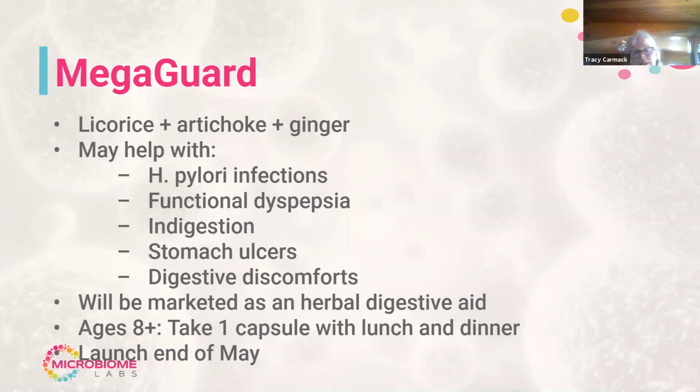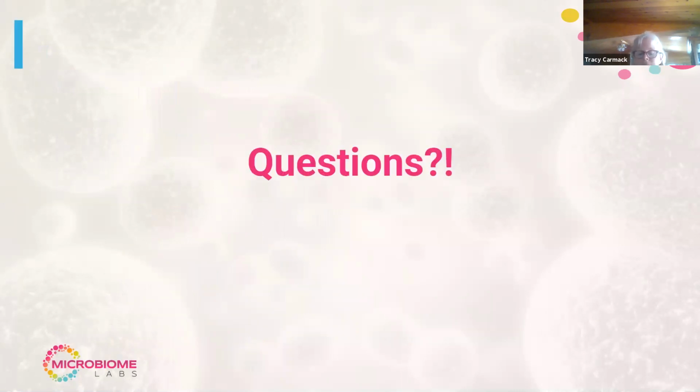It will be marketed, well, it is being marketed as an herbal digestive aid, and it's to be taken 1 capsule with lunch and 1 with dinner. And this is a product that you can take continually, especially someone who doesn't have a gallbladder, and they're going to need some bile stimulation.